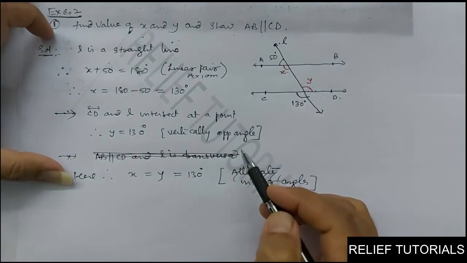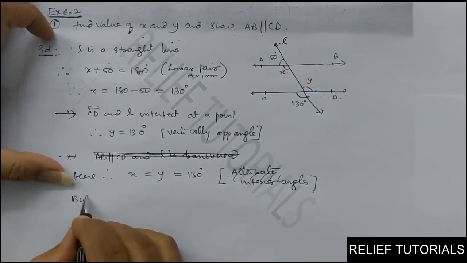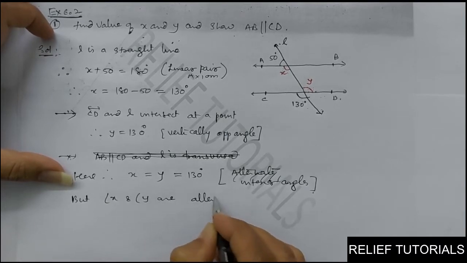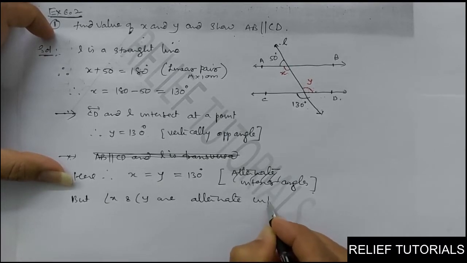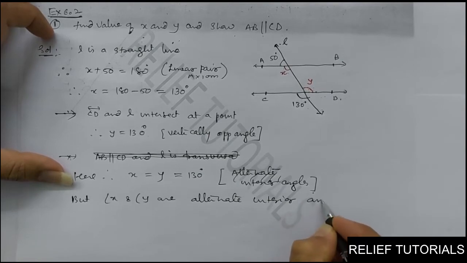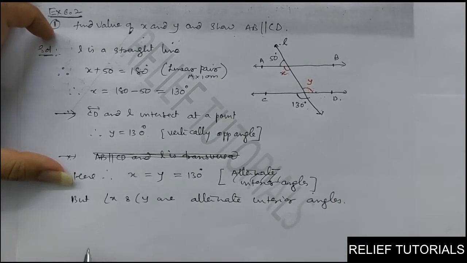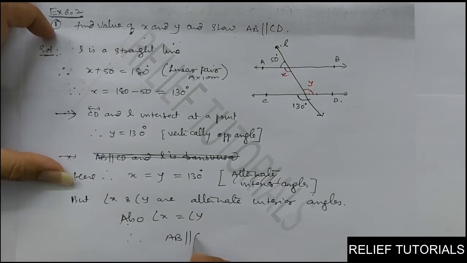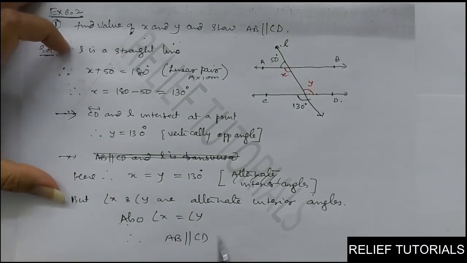These two are equal. But we can say angle X and angle Y are alternate interior angles, and they are equal. So therefore we can say AB is parallel to CD.